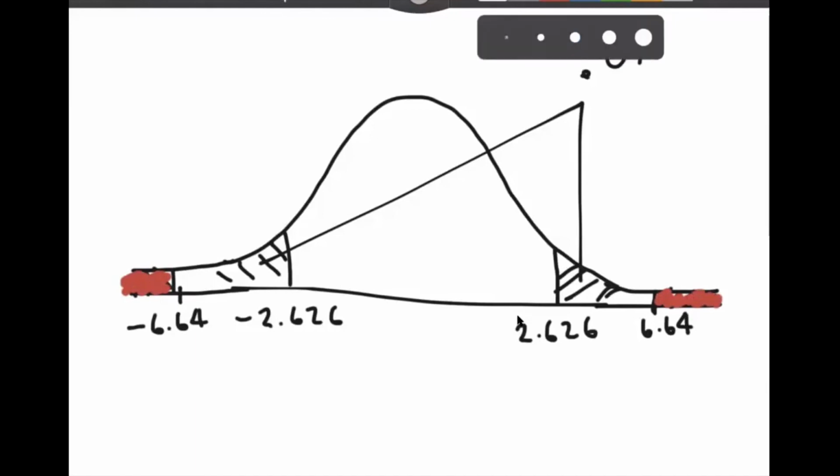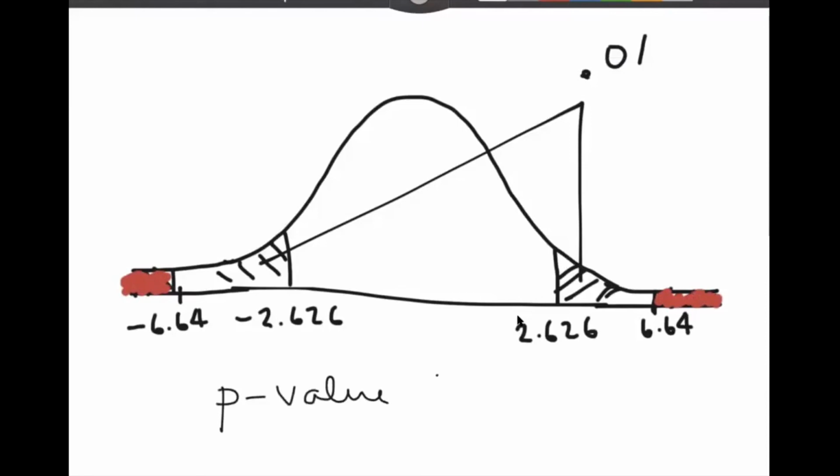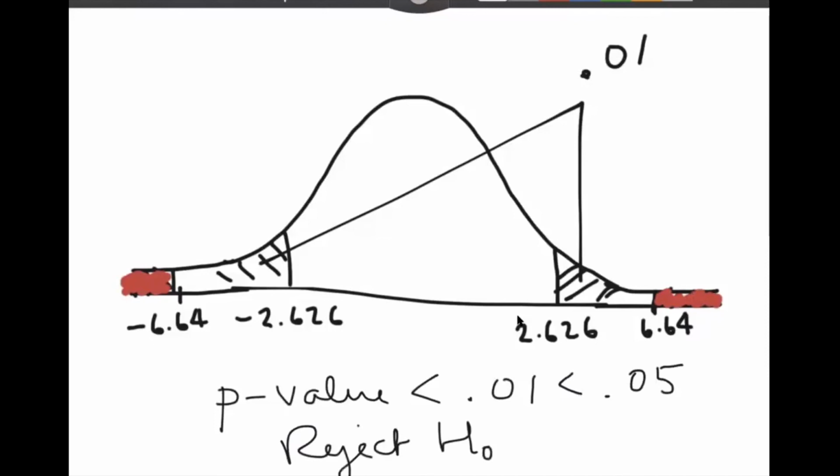So that means that our p-value is less than 0.01. And because 0.01 is less than the significance level 0.05, that means we have a low p-value. And when p is low, the null must go. This means we're going to reject the null hypothesis.